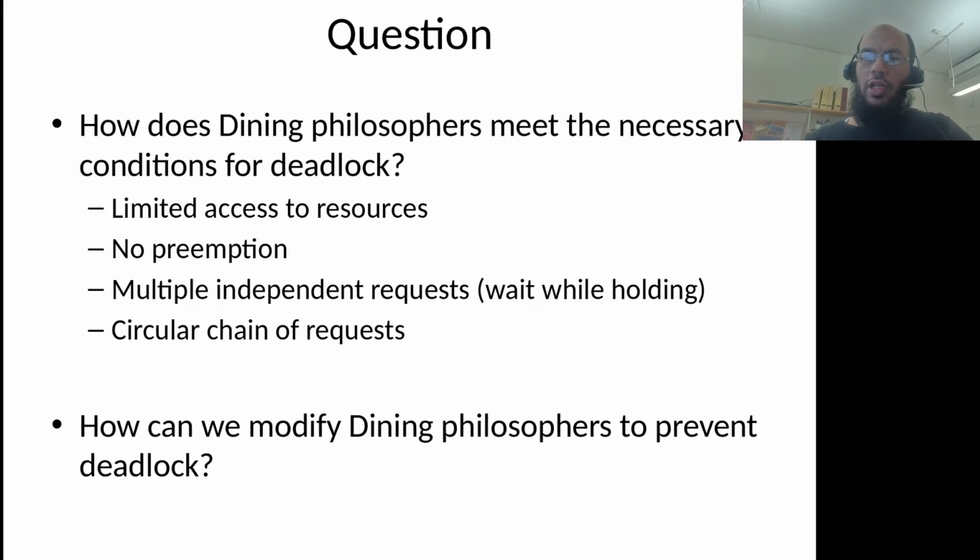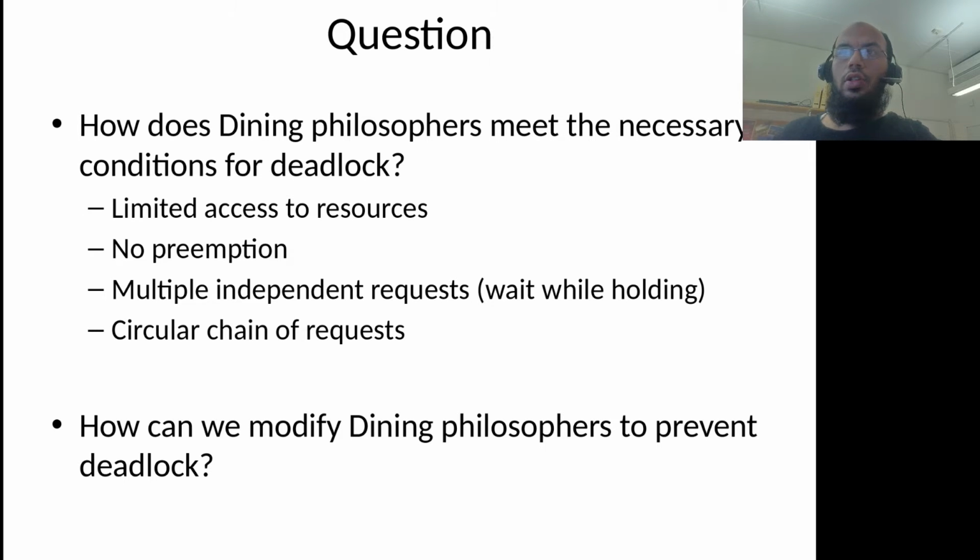You can change it by moving one of the chopsticks from the left hand side of one of the philosophers and putting it in the middle of the table, and still have the rule to pick the left hand side one first, so that philosopher has no longer a left hand side one. And have a rule that if you are not able to pick both sides at the same time, if you don't have two chopsticks, you try to grab the one in the middle.